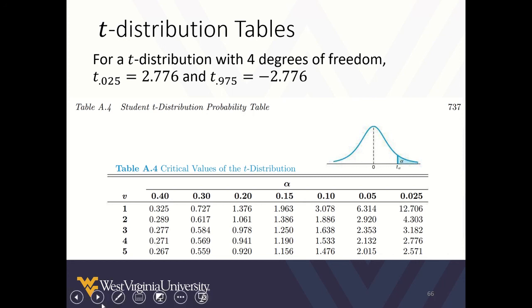So for a t-distribution with 4 degrees of freedom, that middle 95%, which is where we would say things are most usual to happen, would be between 2.776 and negative 2.776. Again, since it is symmetric, you are going to see a version of that being positive and negative.